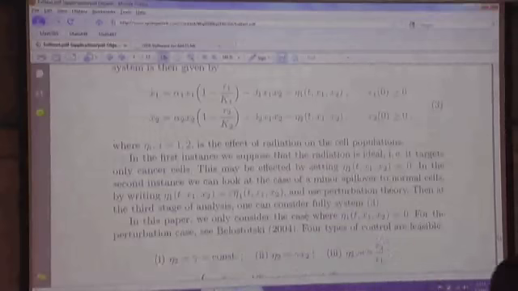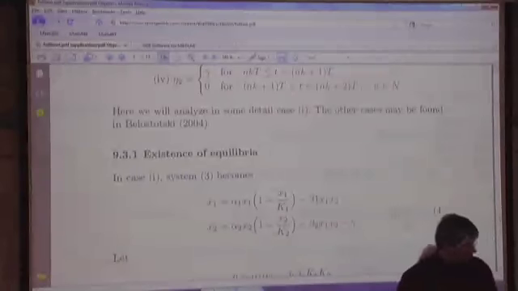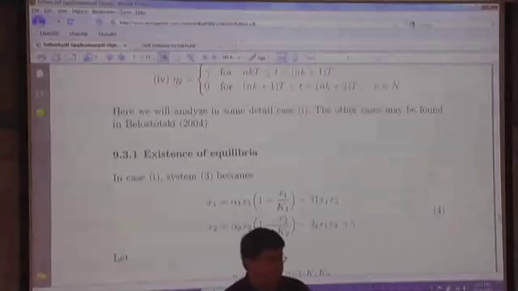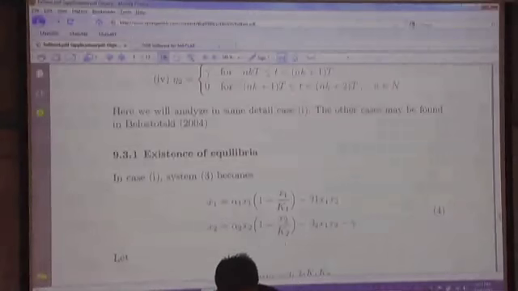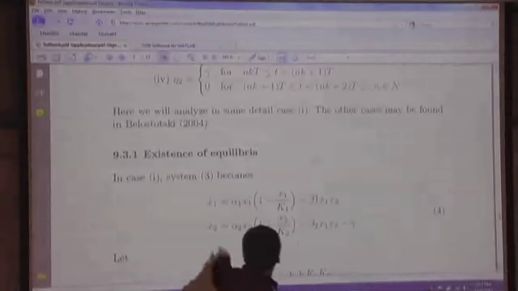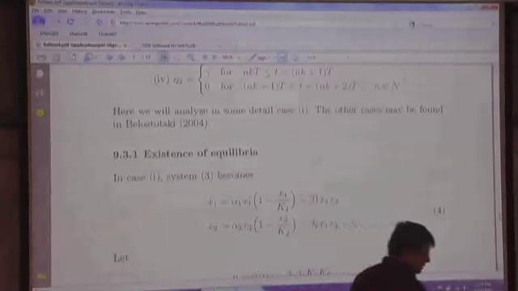I think this article just talks about different strategies for treatment that would drive what? X2 to 0, right? The cancer cells to 0.